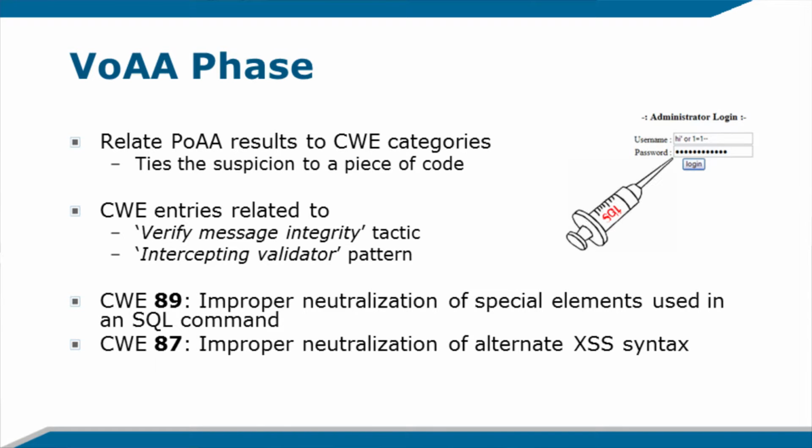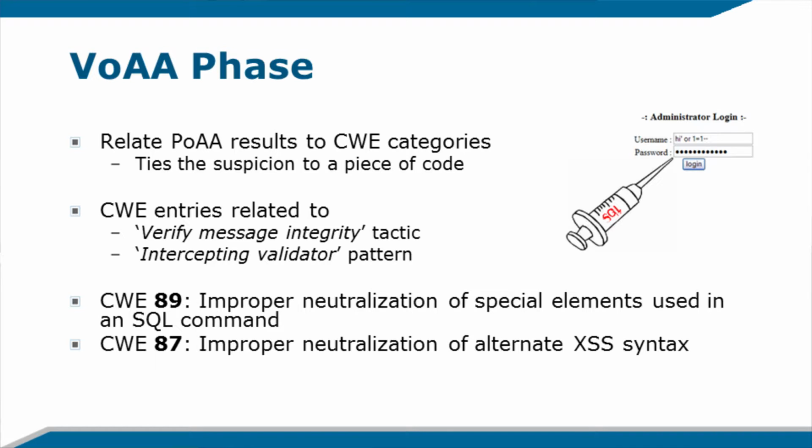But we still wanted to see if there is any evidence of individual developers trying to do something about security, especially in terms of input validation. So in this case, the pattern is intercepting validator, and we try to relate this to specific vulnerabilities.